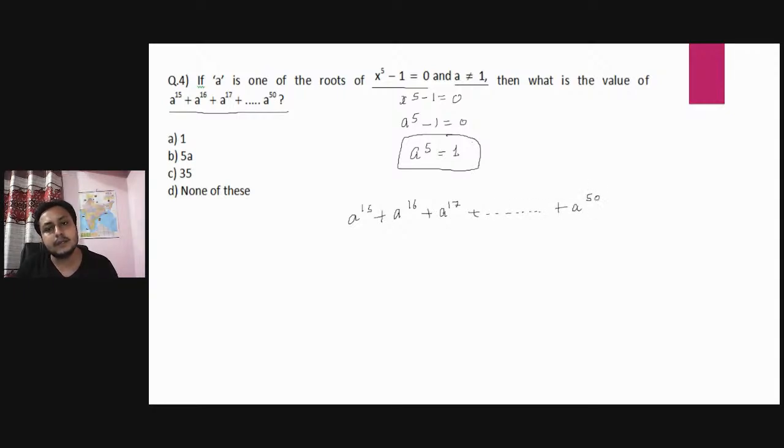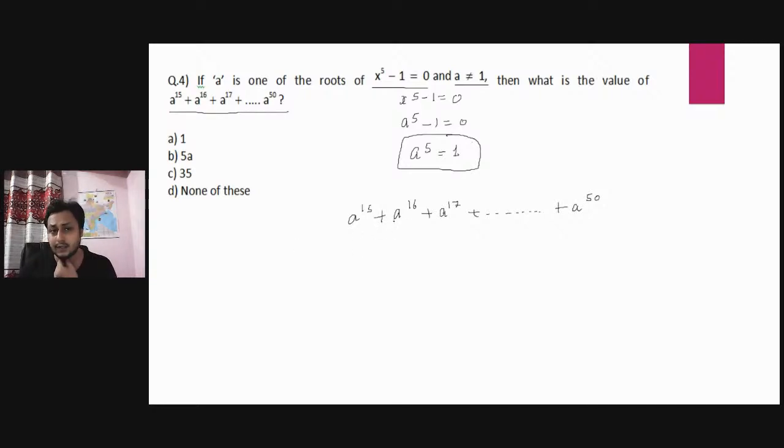A power 50, right? So guys, try to solve this one first. We can see this is a GP, a series in GP.